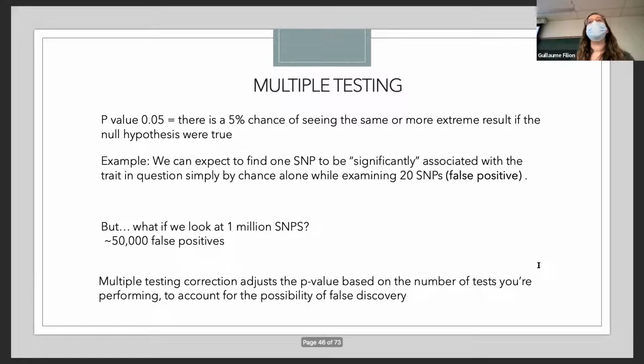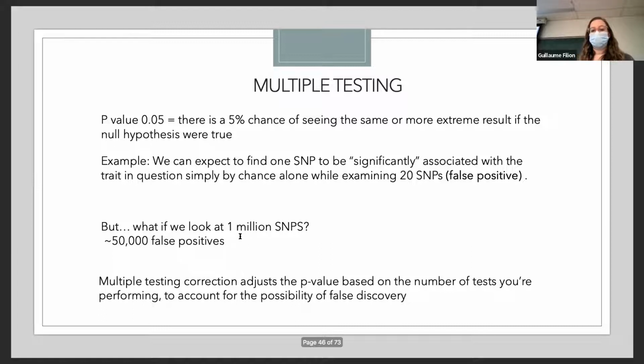Can you just say that again? Yep, so multiple testing is to adjust the p-value based on the number of tests we perform. So it's going to lower the number of false positives. Because for GWAS we're testing a large number of SNPs across the genome, it's really important that we are reducing the number of false positives, which the validation cohort also does.